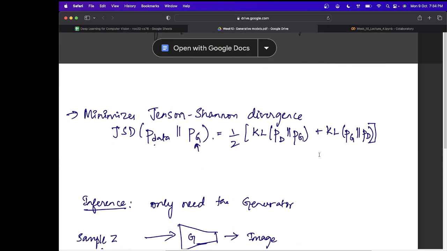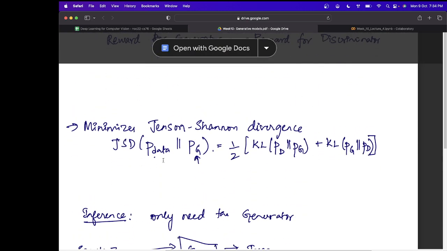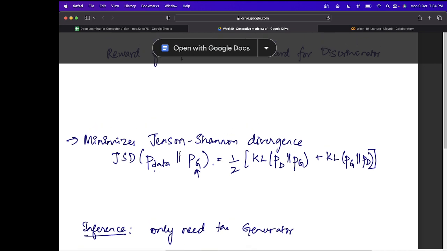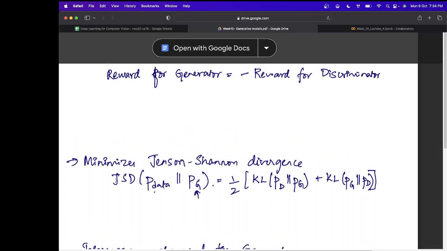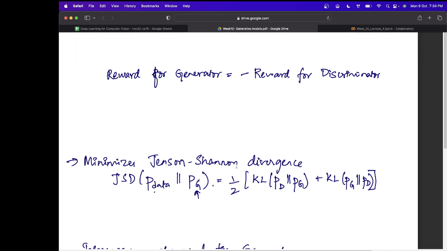Okay, so a few more loss functions that are generally used for the GAN optimization. It's basically the Jensen-Shannon divergence, right? So this is the JS divergence loss that we were talking about. The JS divergence loss is nothing but a symmetric form of the KL divergence loss.